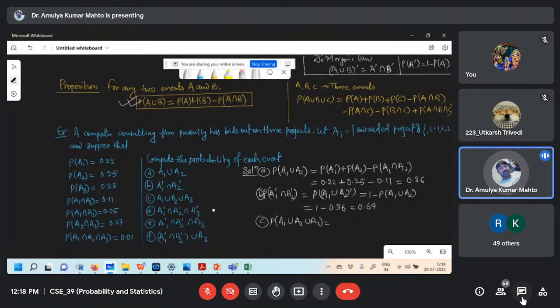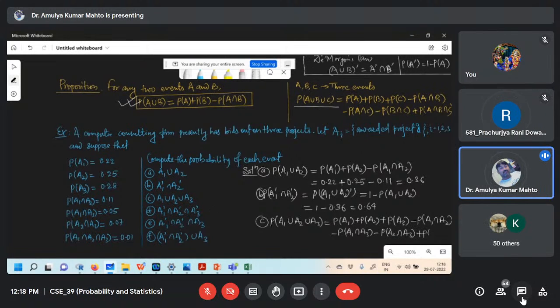Can you use this formula? Probability of A1 plus probability of A2 plus probability of A3 minus probability of A1 intersection A2 minus probability of A1 intersection A3 minus probability of A2 intersection A3 plus probability of A1 intersection A2 intersection A3.